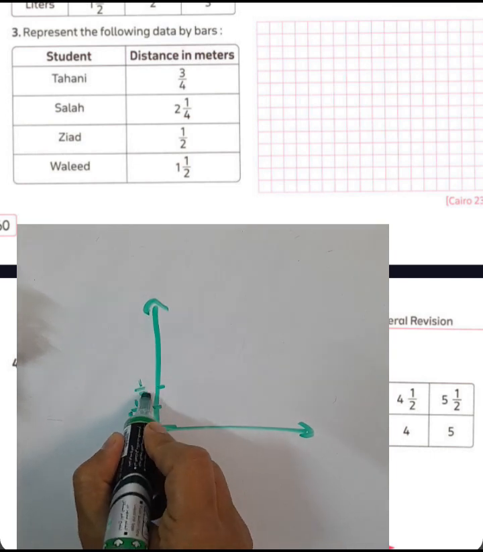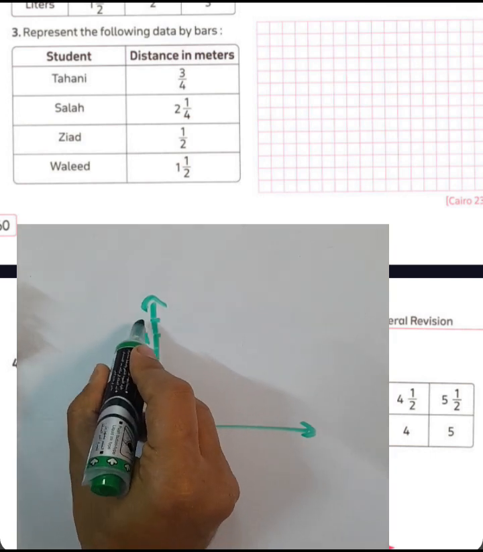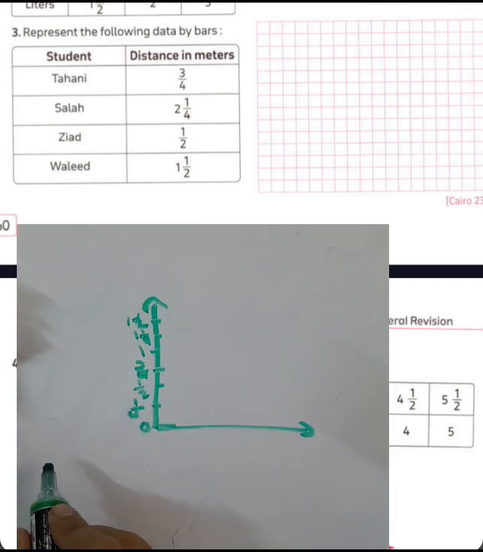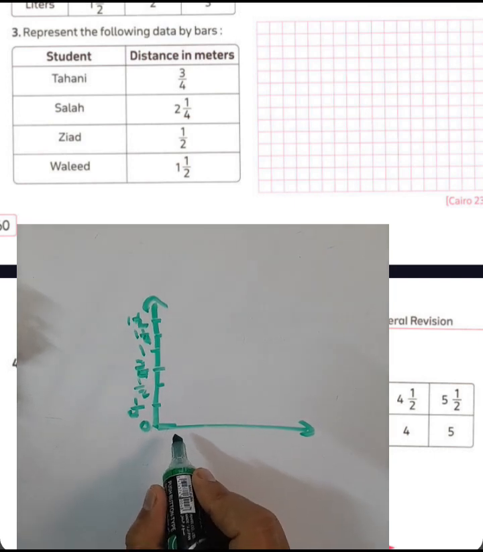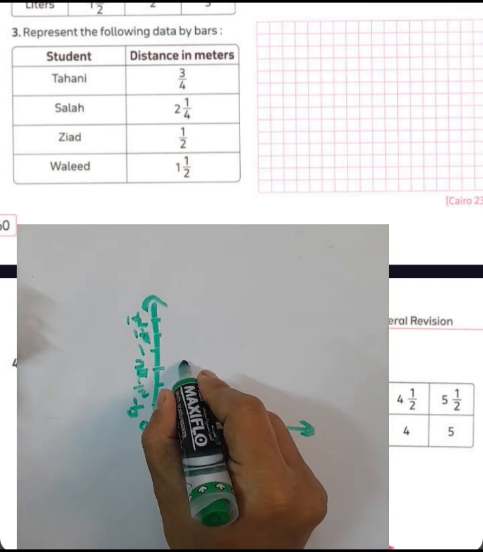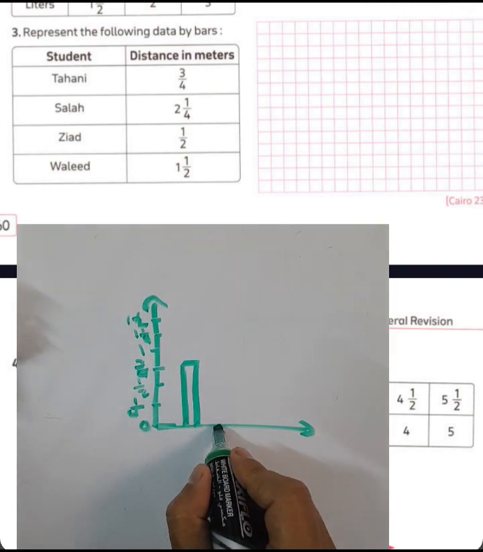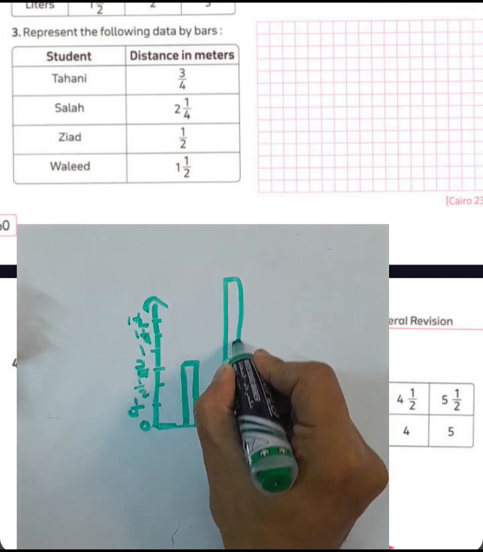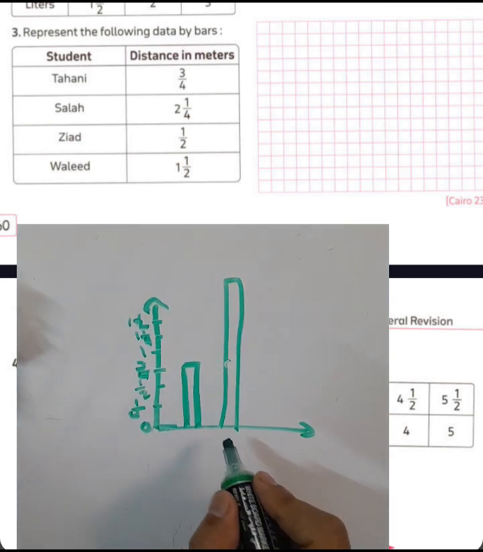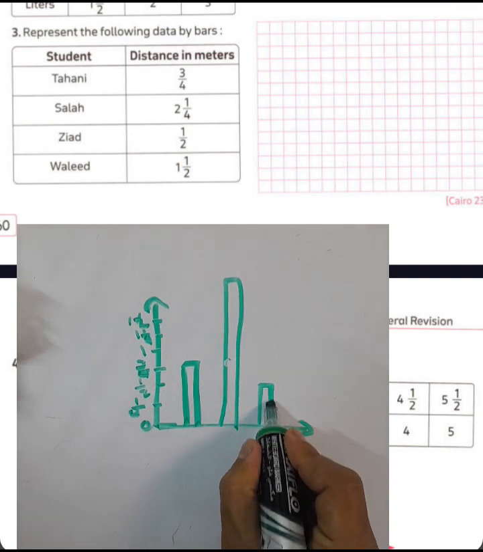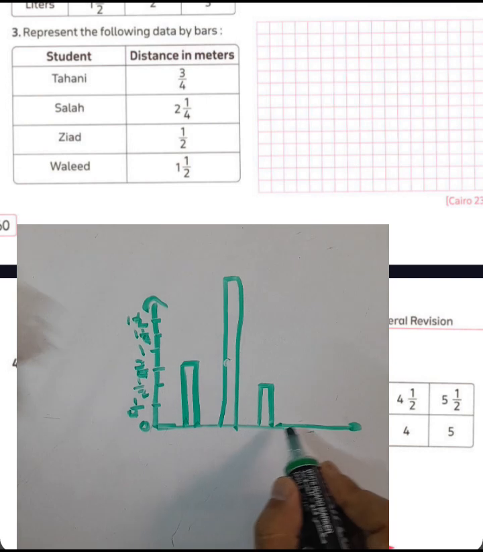Fourth and half, 3/4, 1, 1 1/4, 1.5, and so on. First will be 3/4, and second 2/4, and the next half, and third 1.5.